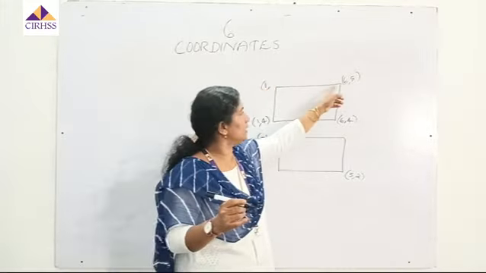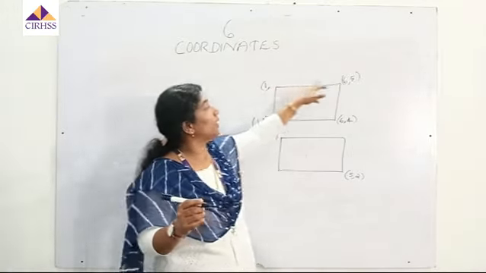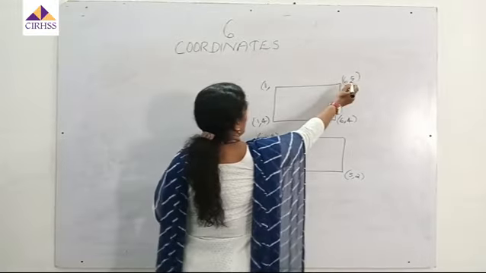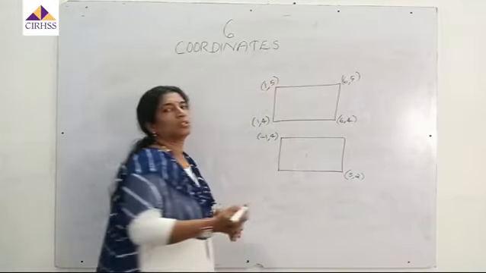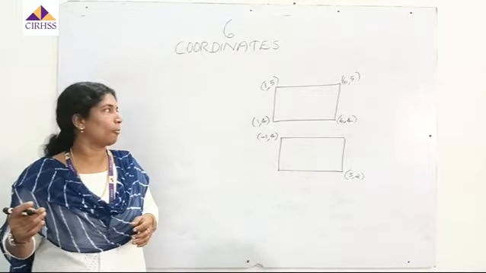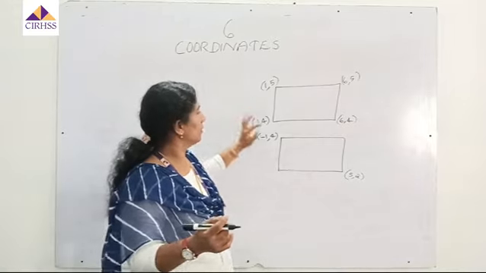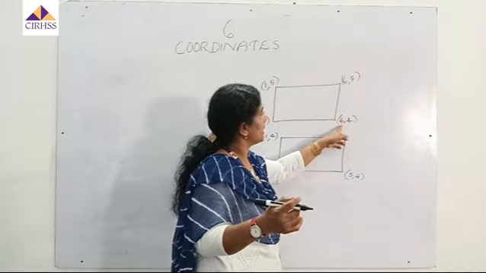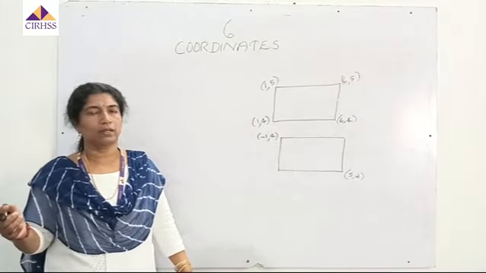Then this line is parallel to the x-axis, so the y coordinates are the same. Here the y coordinate is 5. Here we get (1, 5). The x coordinates are the same, and the y coordinates are the same.